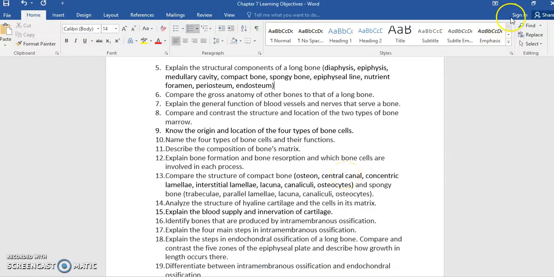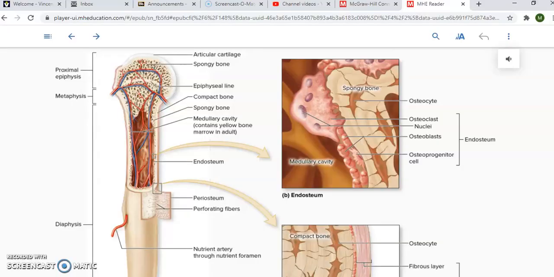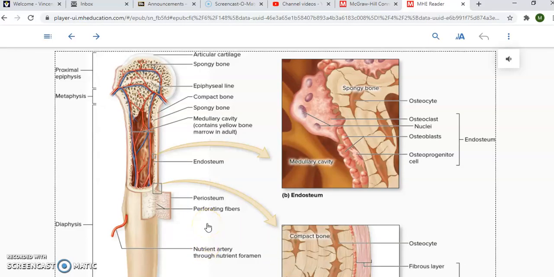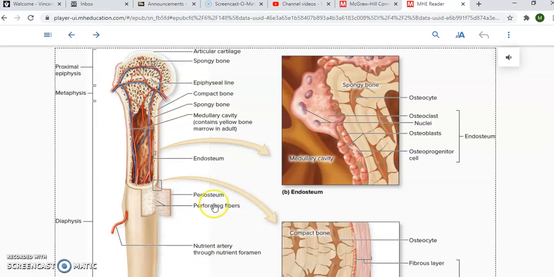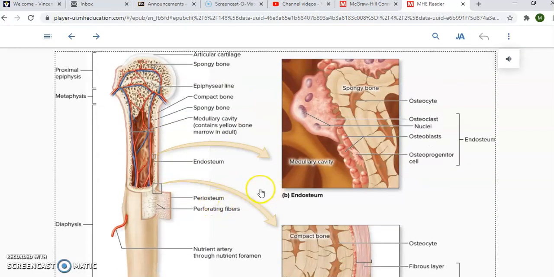Okay, and then the last two structures that you should be familiar with, and it's a little bit difficult to visualize these, but the first one is called the periosteum. Peri means around, and of course osteum is referring to our bones.